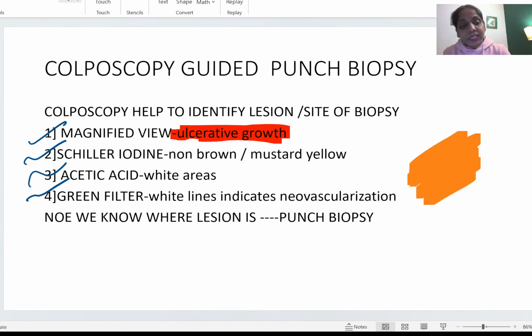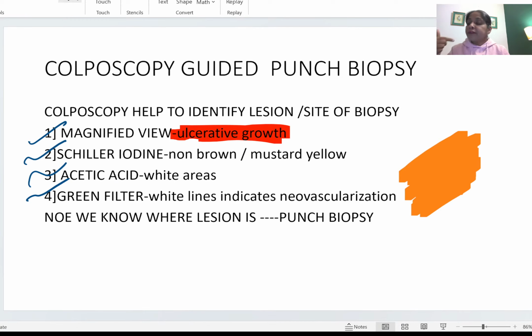Like this, it is of this brown color. Okay, the whole cervix will change to brown color when you apply Schiller iodine on it. But the cells which are cancerous will not turn brown, because glucose in the cell makes the cervix brown.